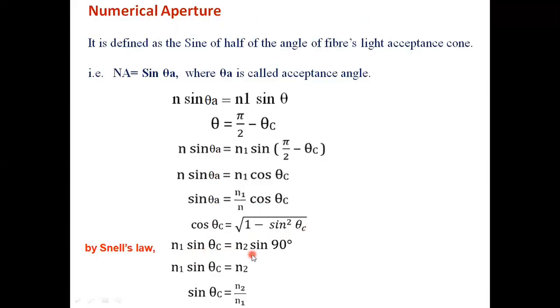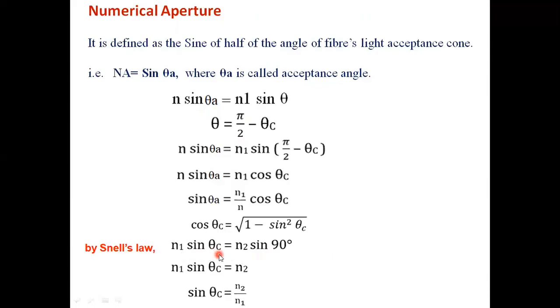Now, this is one of the Snell's laws, considering two different media the light enters. Also, this is one of the Snell's laws when the light enters from one medium to another. Here it was air medium to core medium, but this Snell's law states that light enters from core medium to cladding medium.